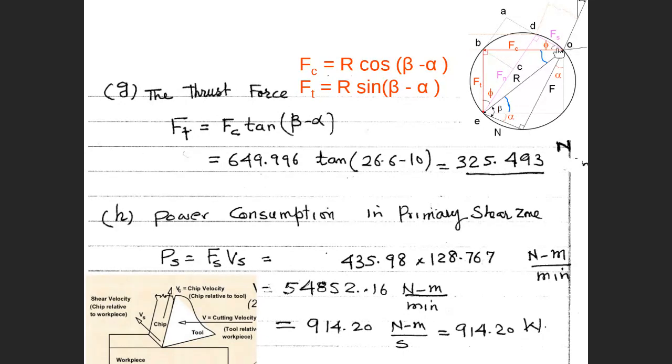Fc equals R cosine of beta minus alpha. Ft equals R sine of beta minus alpha. These are the equations you can obtain from the Merchant circle.